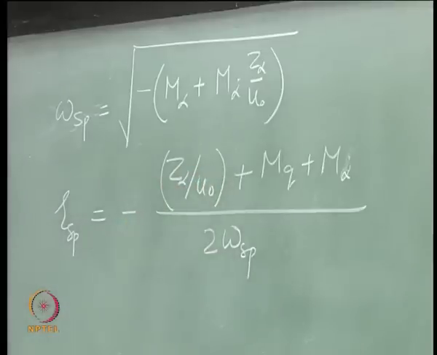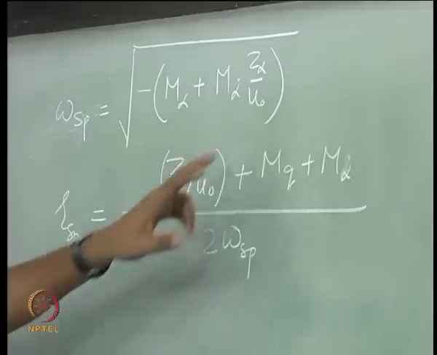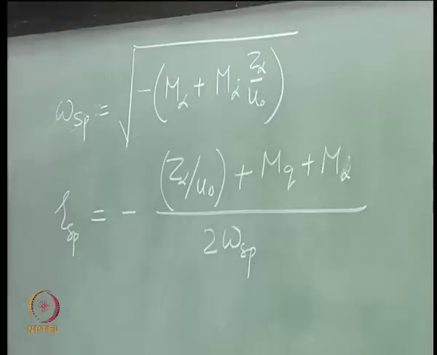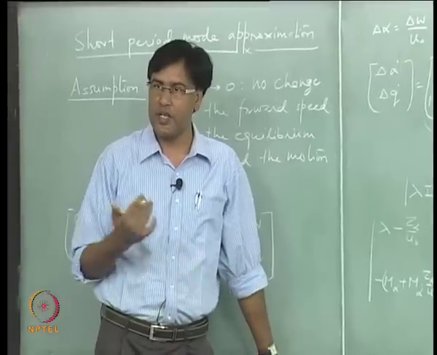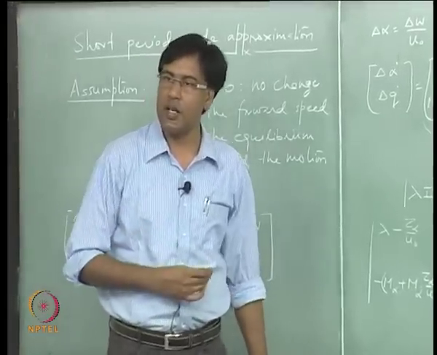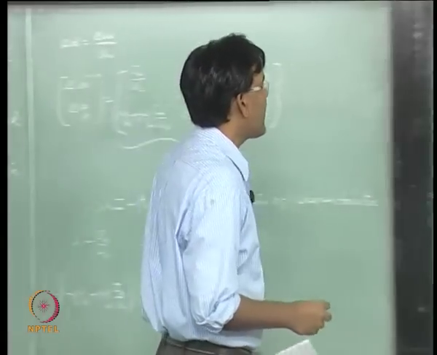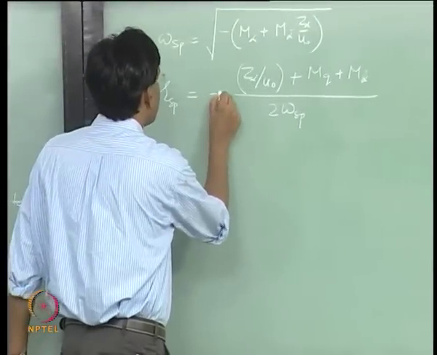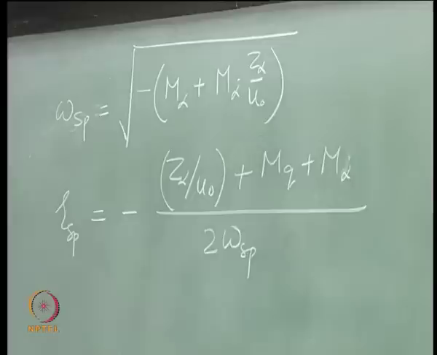Okay. So earlier when we talked about the pure pitching motion, we did not have this Z alpha term, right. Of course, because the aircraft was constrained to have only pure pitching motion and not any other motion. That was an assumption that we used there.